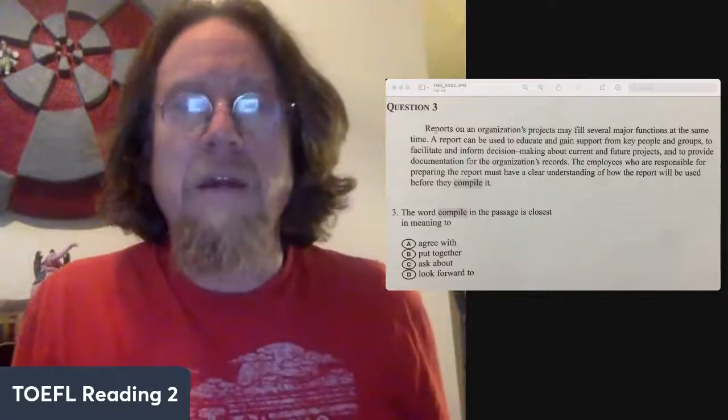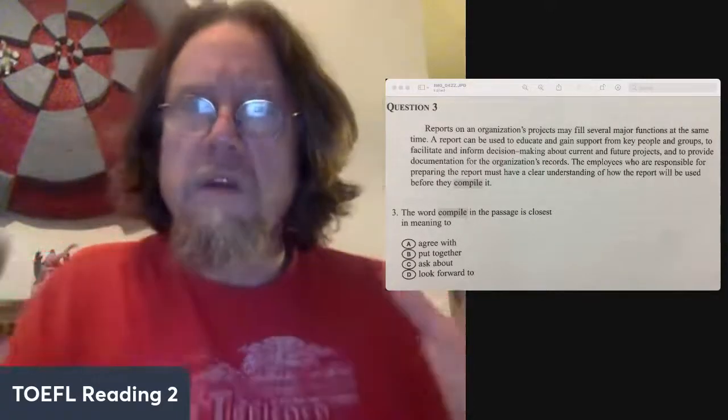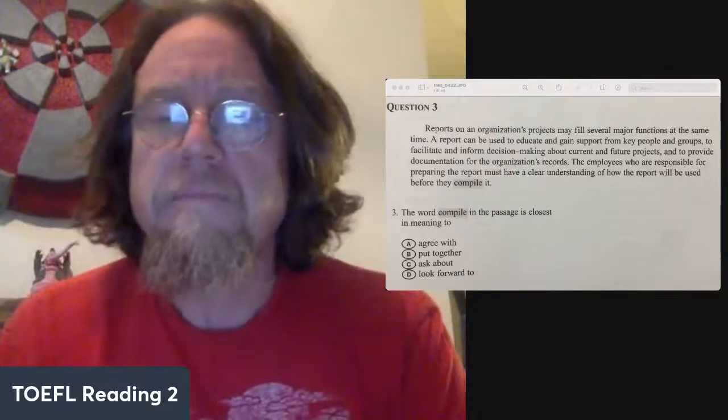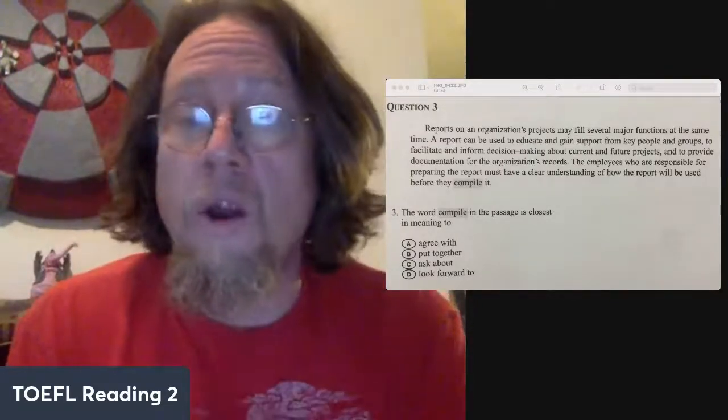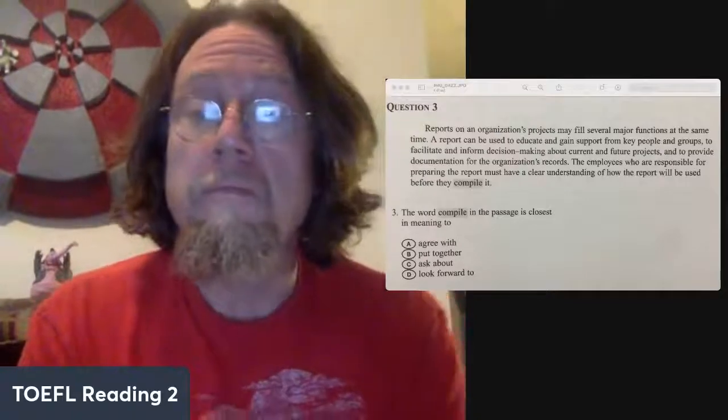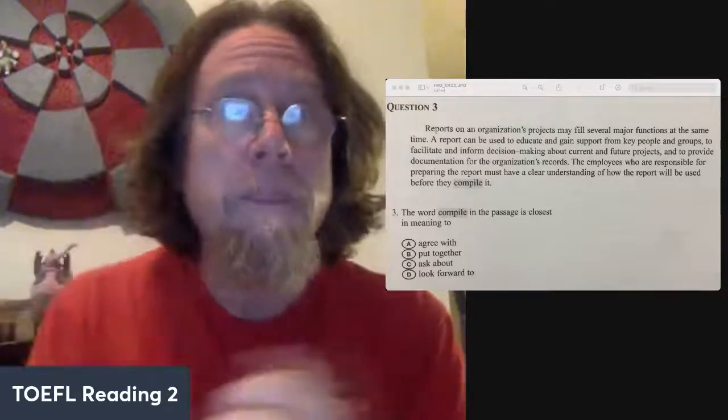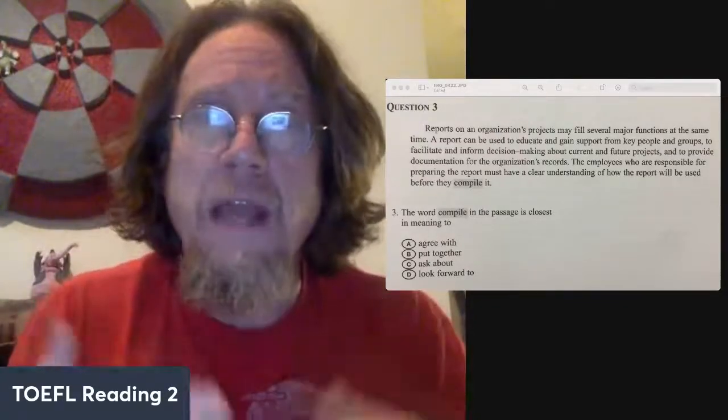It could also mean collect. Collect. It is related to the word pile. Make a pile. Right? Compile, put together.